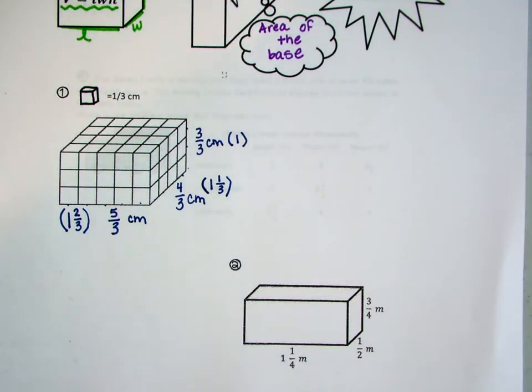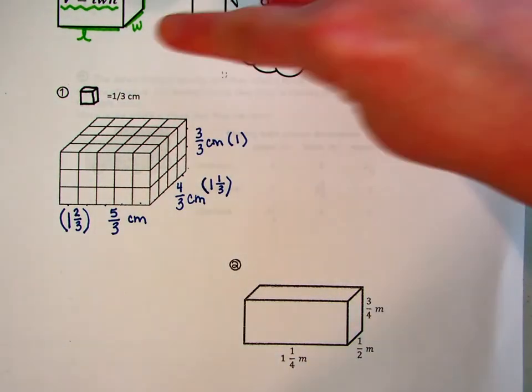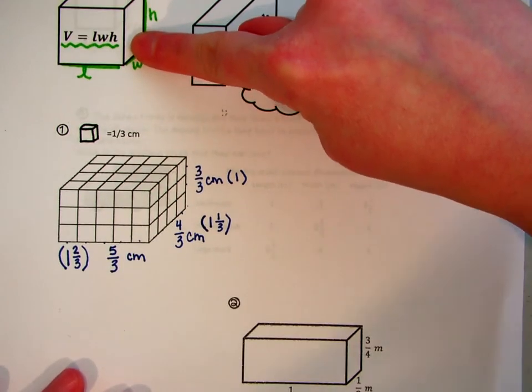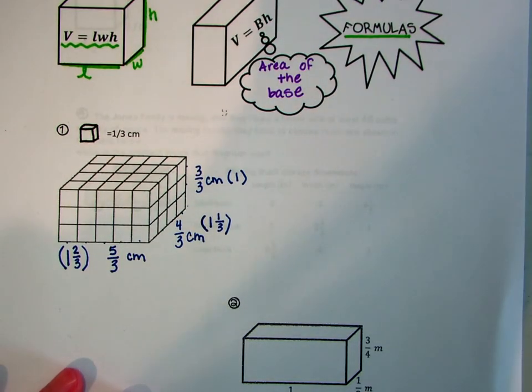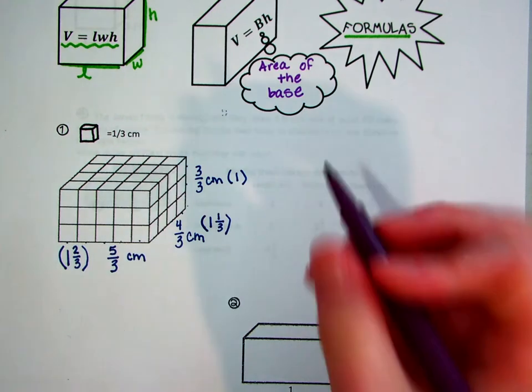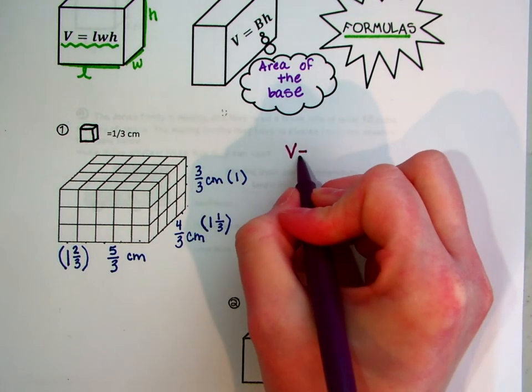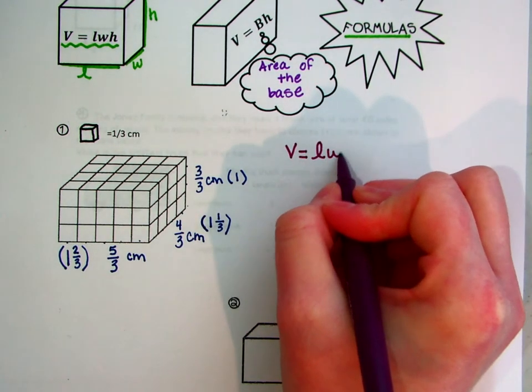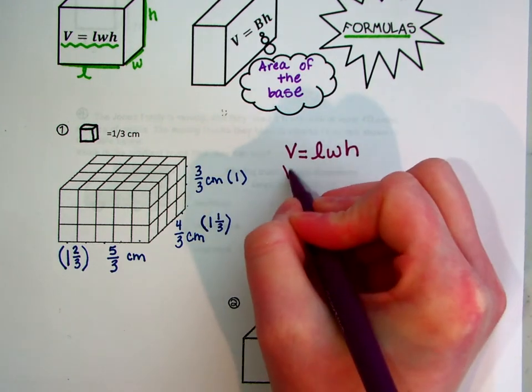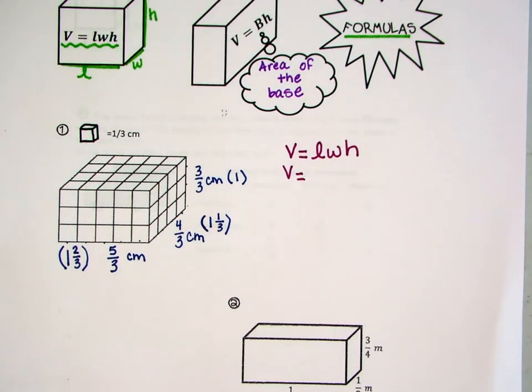Okay, now to find the volume, we're going to use this formula right here that you guys should already be familiar with. Let me grab a different color. So we're going to use V for volume equals length times width times height. And since we're just multiplying them all, it doesn't matter what order we put them in, because if you recall the commutative property, it says it doesn't matter the order in which you multiply, you'll get the same product.